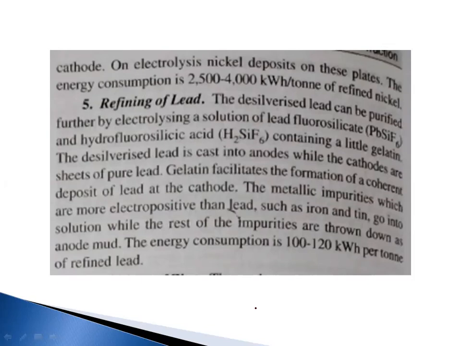The metallic impurities which are more electropositive than lead, such as iron and tin, go into solution, while the rest of the impurities are thrown down as the anode mud. The energy consumption is 100 to 120 kilowatt hour per ton of refined lead.